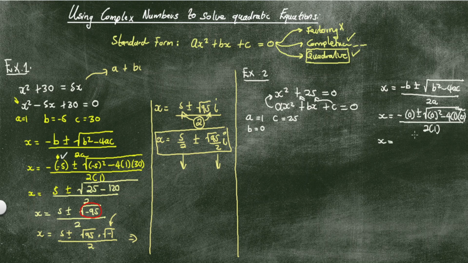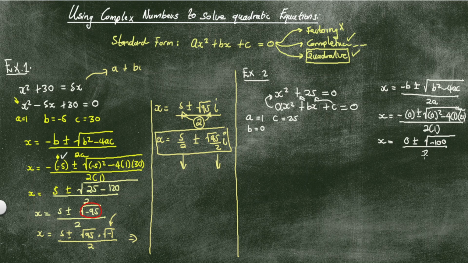So minus 0 is going to be 0, plus or minus the square root of 0 squared minus 4 times 1 times 25. I'm getting a minus 100.